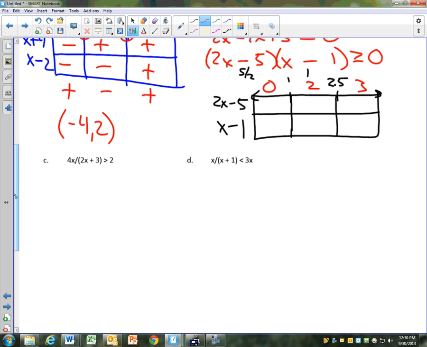2 times 0 minus 5, positive or negative? Negative. 0 minus 1? Yep, you'll get 2 negatives.